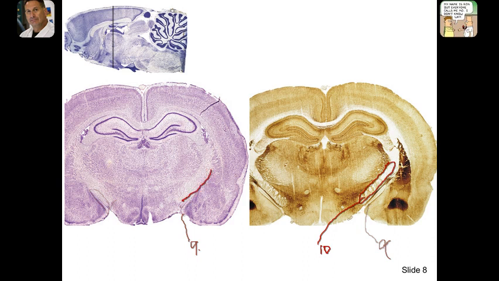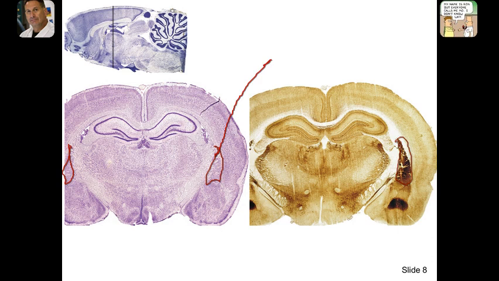This is more akin to the posterior limb of the internal capsule in the human. Rats don't have an anterior limb. So this is still striatum, or also caudate nucleus. This is the amygdala. And this is the third ventricle.